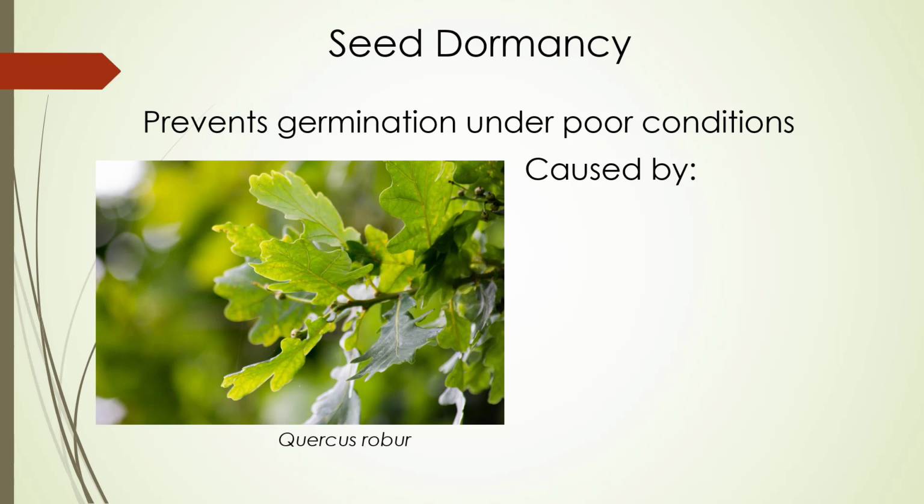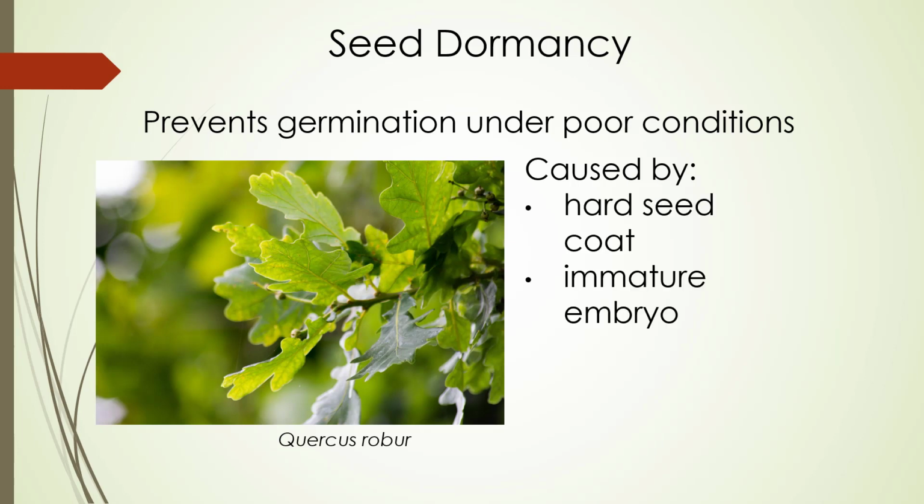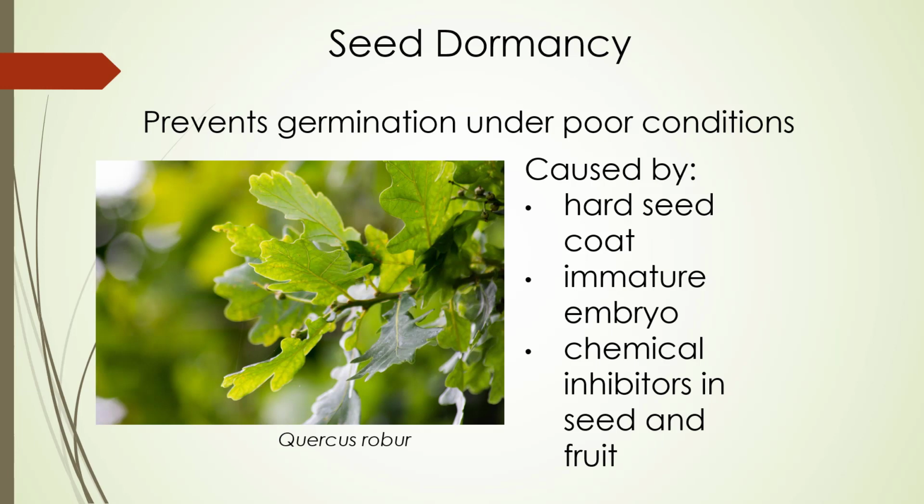So seed dormancy prevents germination under poor conditions caused by a hard seed coat, immature embryo, and chemical inhibitors in the seed and fruit. And the most common inhibitor is abscisic acid, which is ABA, and plants such as sugar maple, red oak, and English oak are among the species that contain ABA in their seeds.